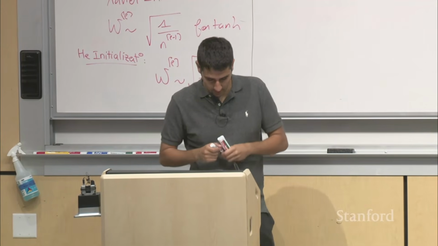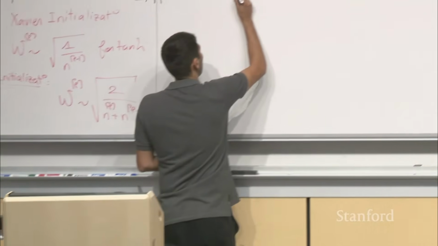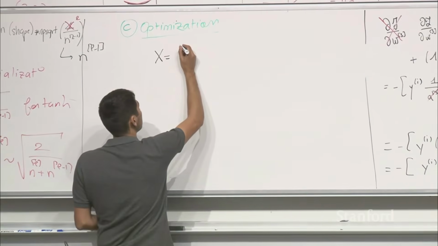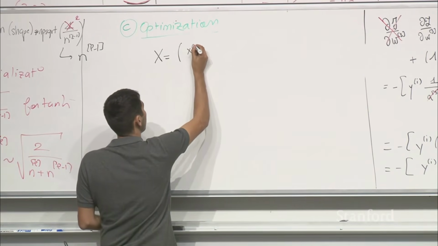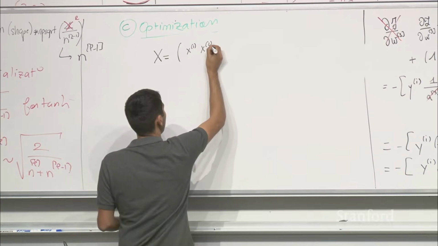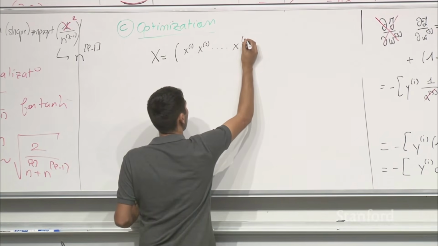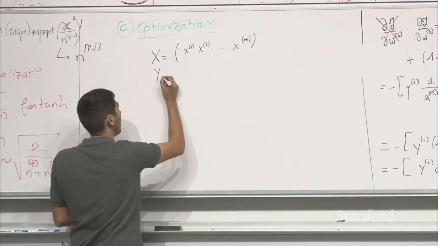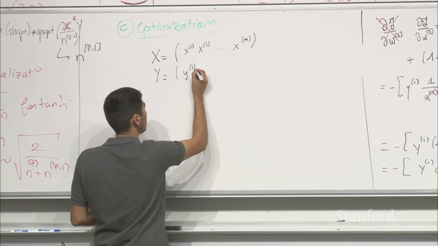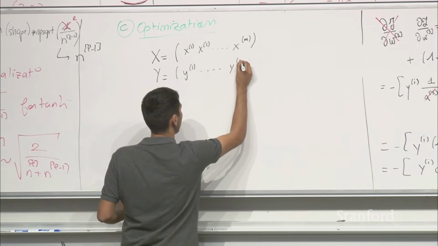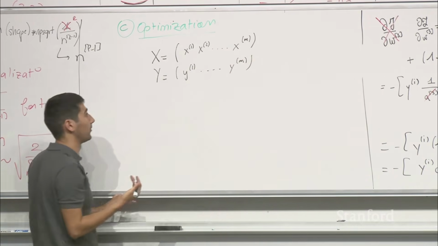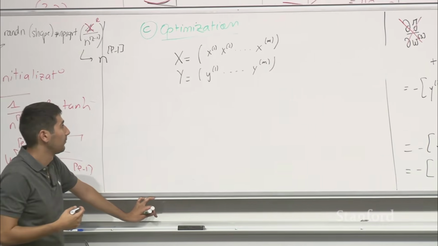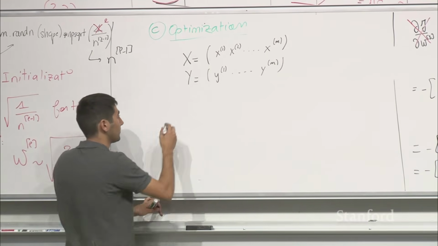So in terms of notation, I'm going to call X the matrix X1, X2, ..., Xm, and capital Y the same matrix with Y's. So we have m training examples, and I'm going to split these into batches.